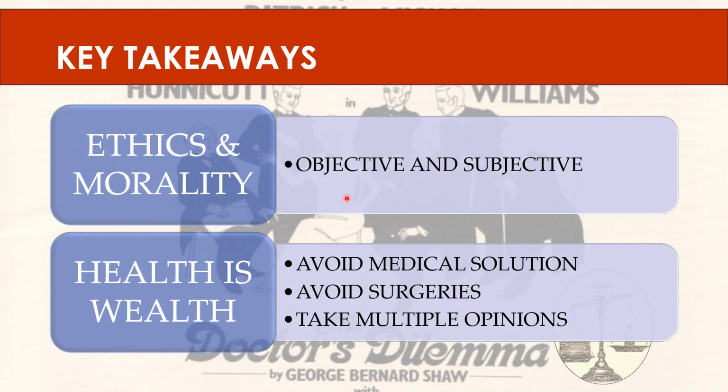Now here the sub point is objective and subjective. Objective is something that yes, there is one rule that we teach children. We preach it, our religion teaches us, our society teaches us. Everywhere, the thing that one should do, what is needed to be done, that is an objective approach to morality and ethics.